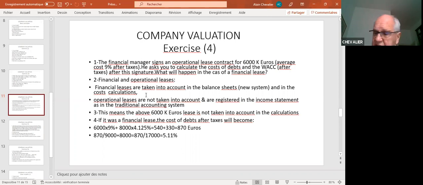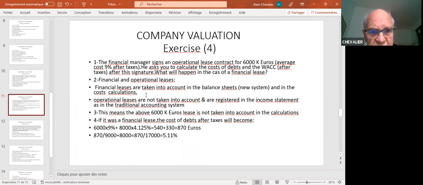The first ones are integrated in the balance sheet in the cost calculation, and the second ones are deducted on an annual basis on the income statement only.